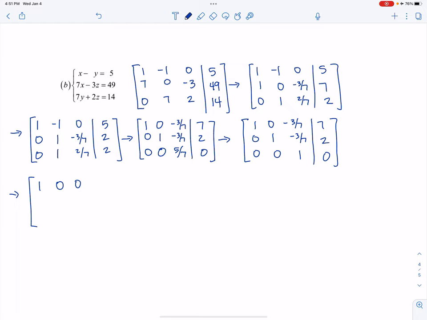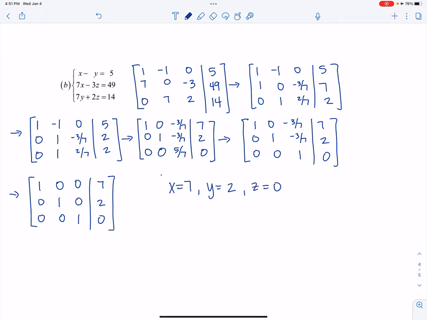So I really eliminated without changing anything else, which is always really nice. It rarely ever happens, but it happened this time, and that's really great. So our solution is x equals 7, y equals 2, z equals 0.